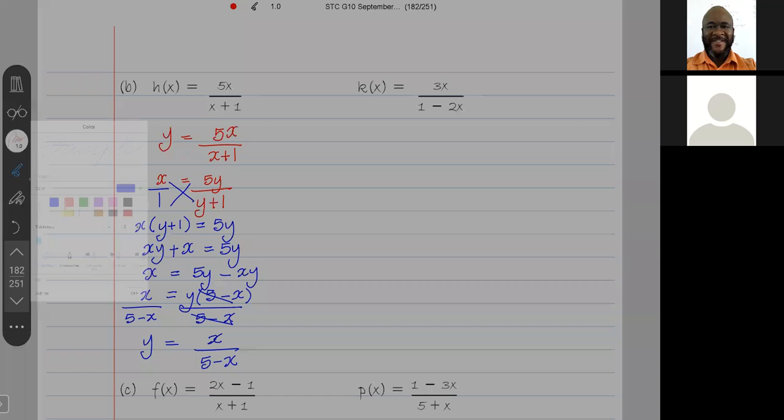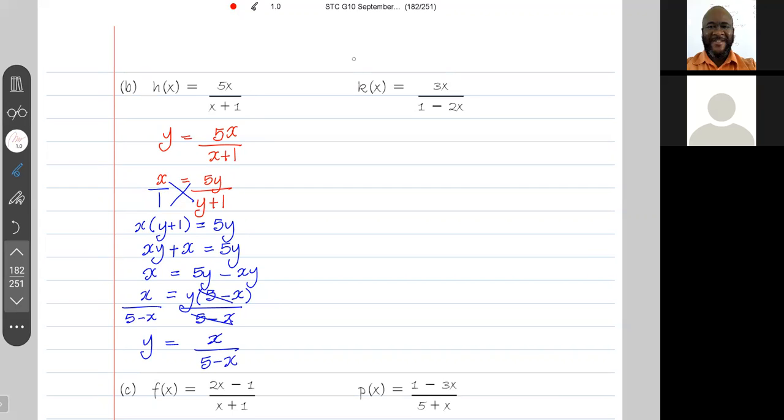Now, step 4 is to write in function notation. So step 4, therefore, take out y and say h inverse of x is equal to x over 5 minus x. All right, take it in.